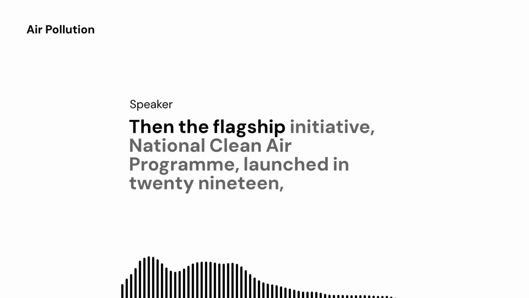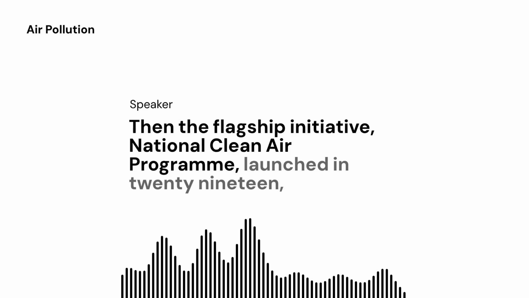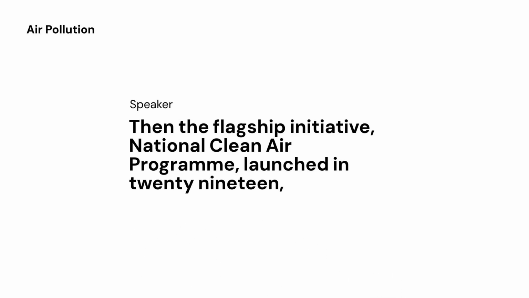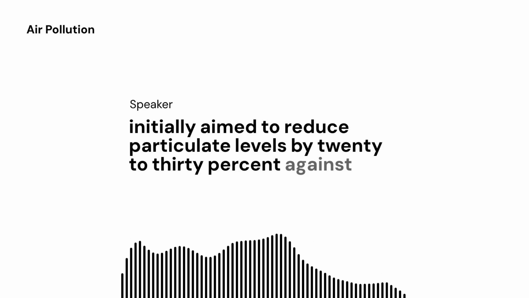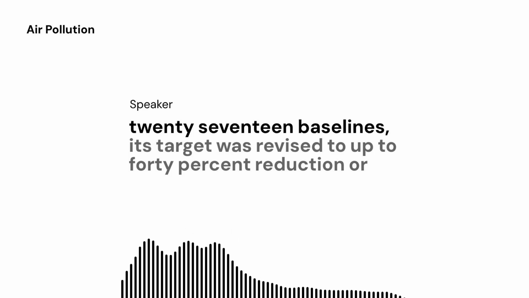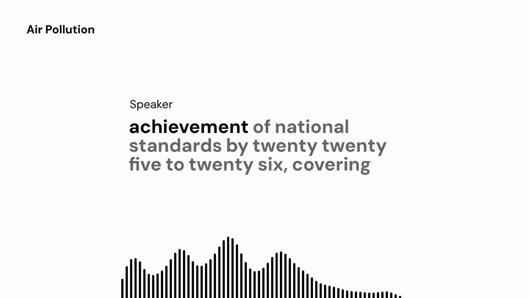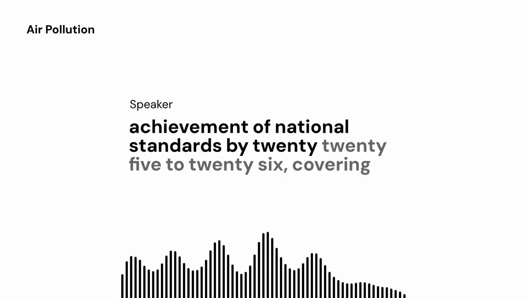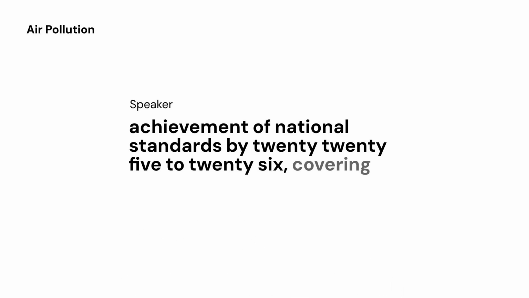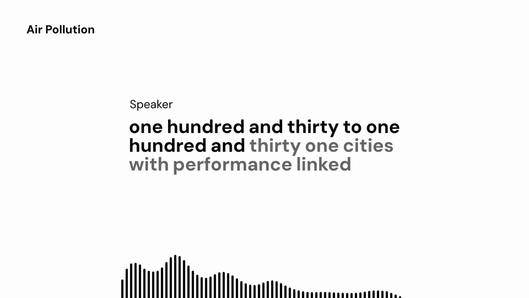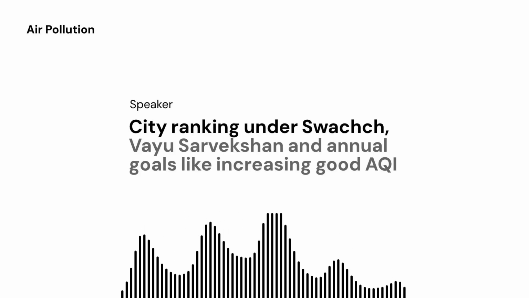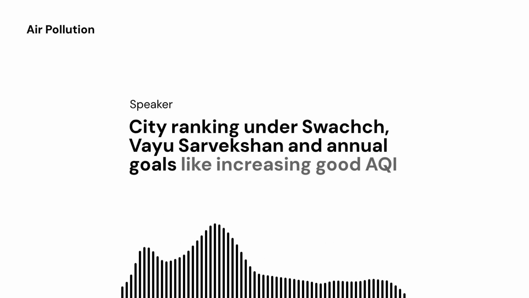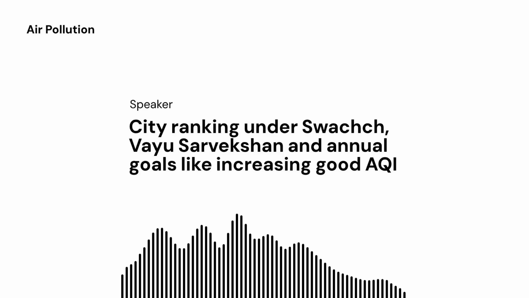Then, the flagship initiative, National Clean Air Program, launched in 2019. Initially aimed to reduce particulate levels by 20 to 30% against 2017 baselines. Its target was revised to up to 40% reduction or achievement of national standards by 2025-26, covering 130 to 131 cities with performance-linked funding, city ranking under Swachh Vayu Sarvekshan, and annual goals like increasing good AQI days.